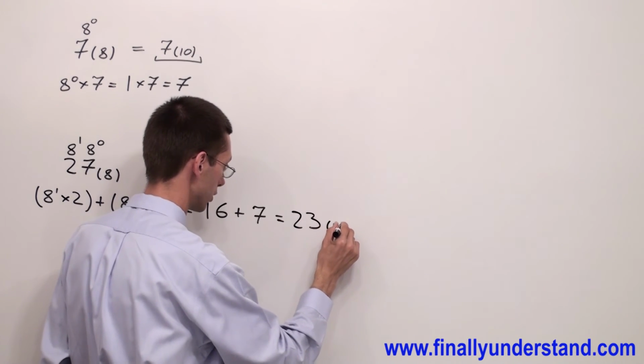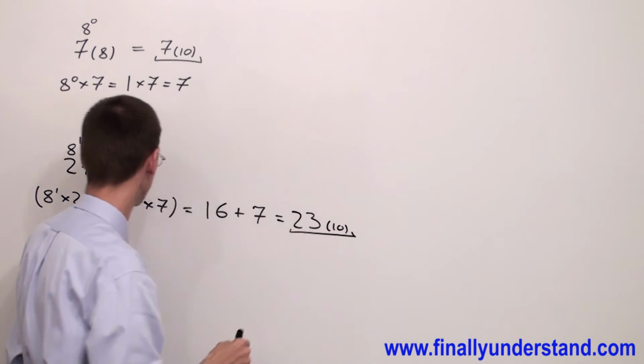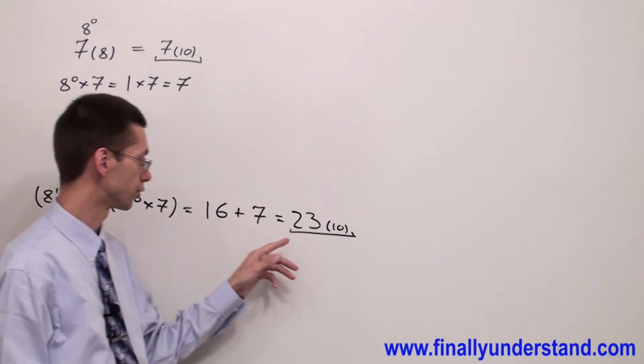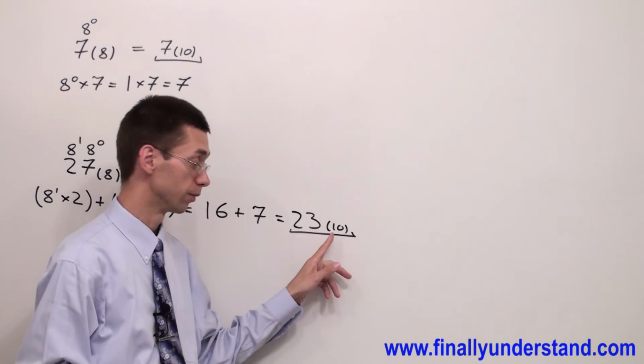This is the solution to my problem. It means that 27 base 8 is equivalent to 23 base 10.